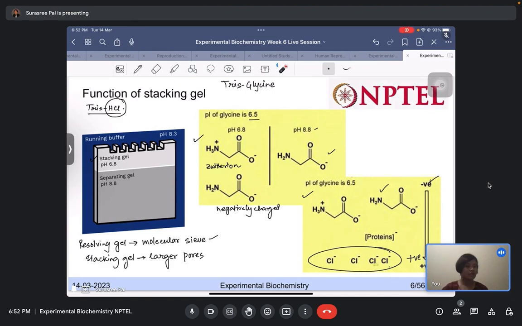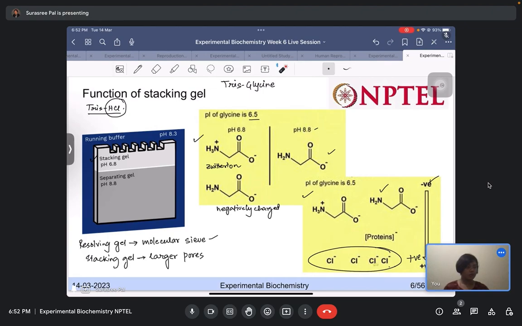So they quickly form this chloride front, it is called. Now the glycine is almost neutral in this pH, so there are fewer glycine ions, because of which there is a uniform electric field, right?